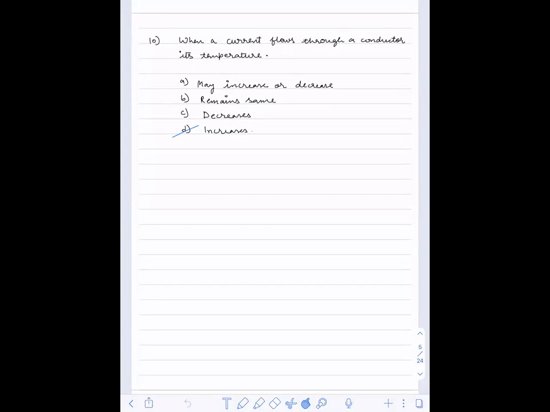There are two DPPs whose solutions I will give tomorrow, and one more DPP I'll give you tomorrow. Before Sunday, complete all the DPPs. With this, I'm ending this session.